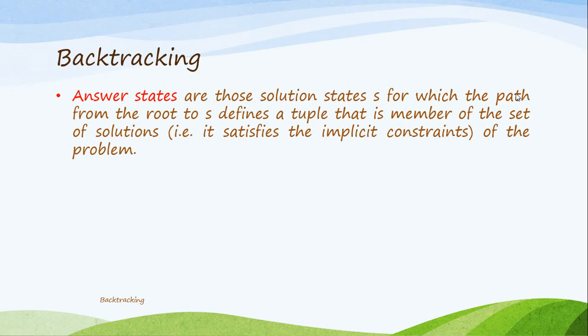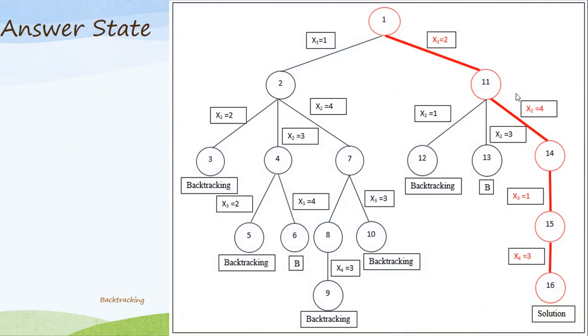Answer states are those solution states S for which the path from the root to S defines a tuple that is a member of the set of solutions and which satisfies the implicit constraints of the problem. So here, this is the answer state. This solution state gives you the successful answer, or it satisfies all the constraints, so that's why it's called the answer state.